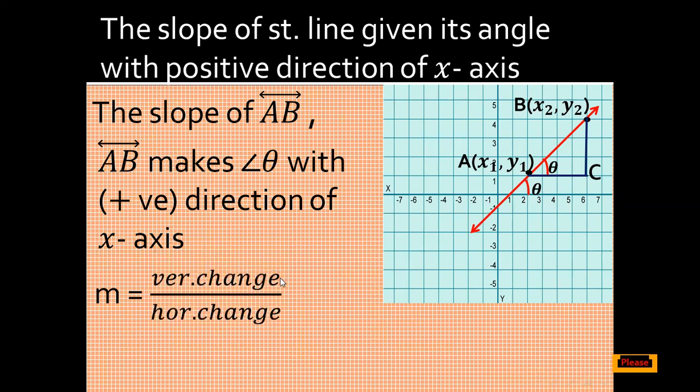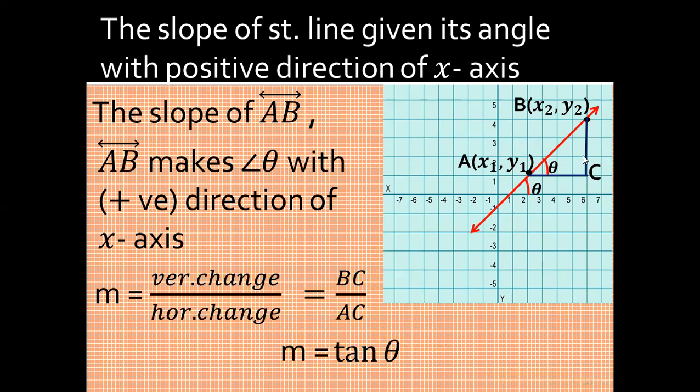Then the slope equals the vertical change over horizontal change. It will be equal to BC over AC. From trigonometry, we know that opposite over adjacent equals tan theta, because the vertical change y2 minus y1 gives BC, divided by x2 minus x1, which is AC.